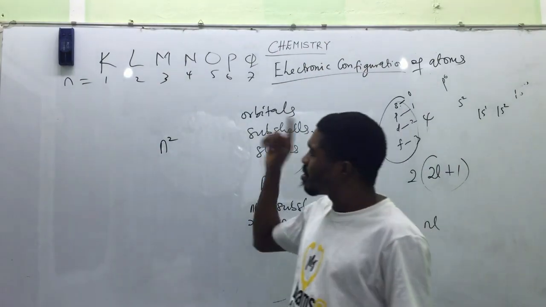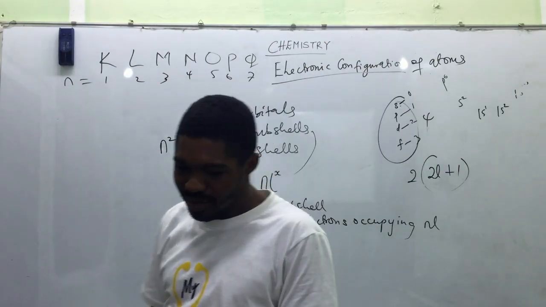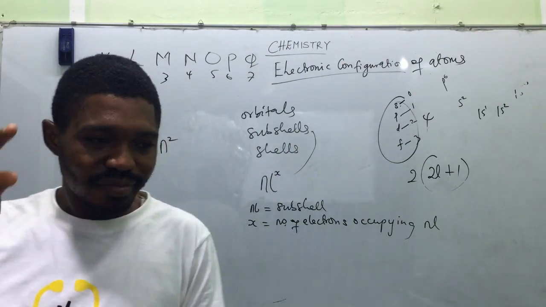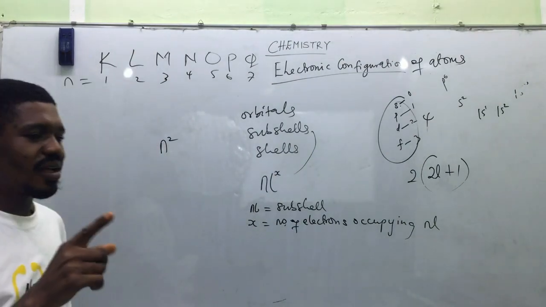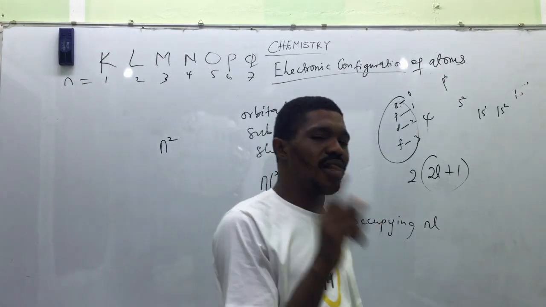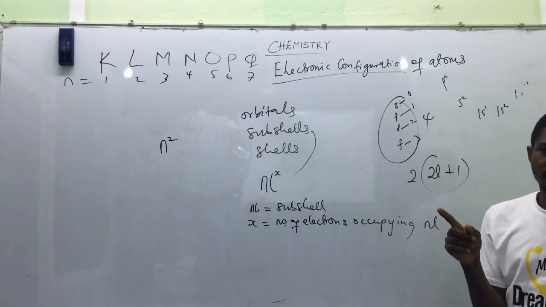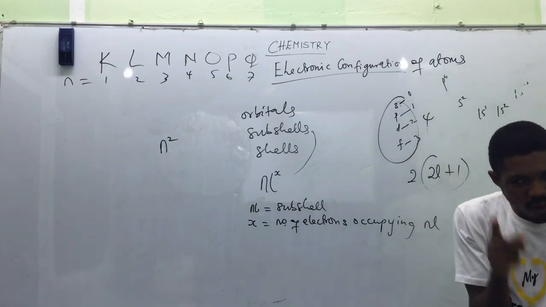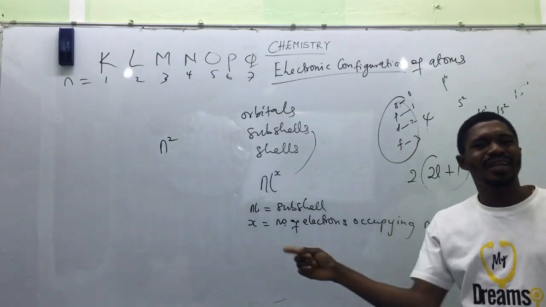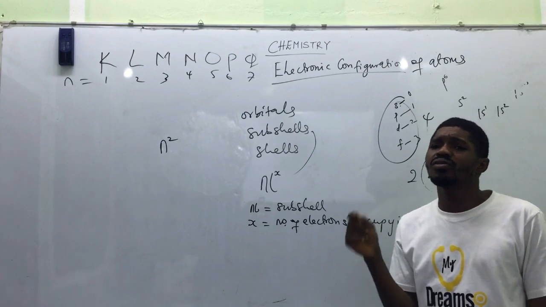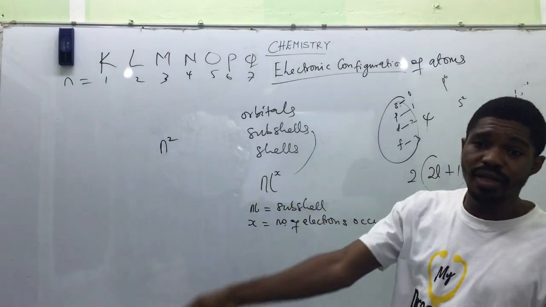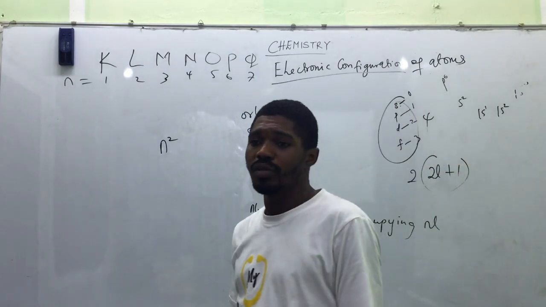Now, another rule about electron configuration is that every orbital accepts a maximum of 2 electrons. No orbital accepts more than 2 electrons. It either accepts 0, 1, or 2. It cannot accept more than 2. So the maximum number of electrons that an orbital can accommodate is 2. Okay?